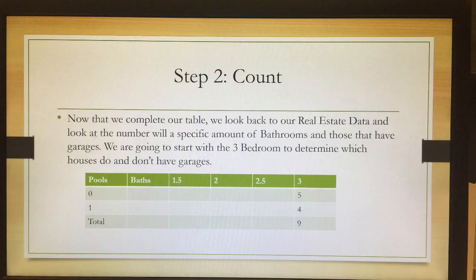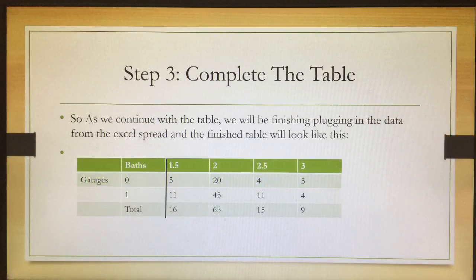So 5 of them don't have a garage, and only 4 of them have a garage, so in total that's 9. The easier way to do that is that I only counted how many houses had a garage, and then I just subtracted the difference from the last video to figure out how many houses do not have a garage. So as you can see, we completed the table here.